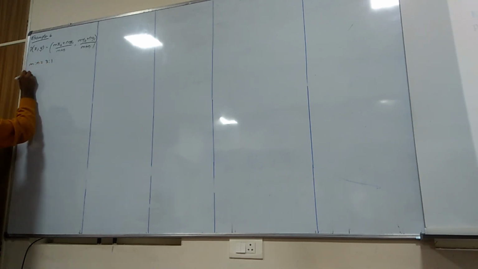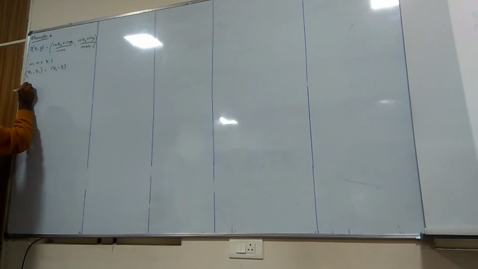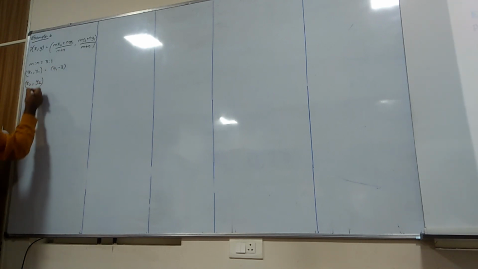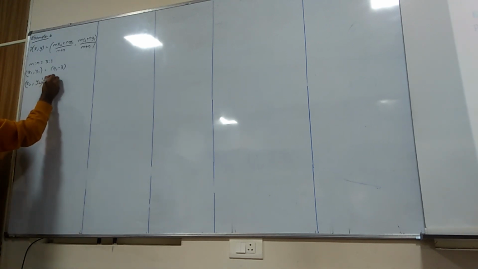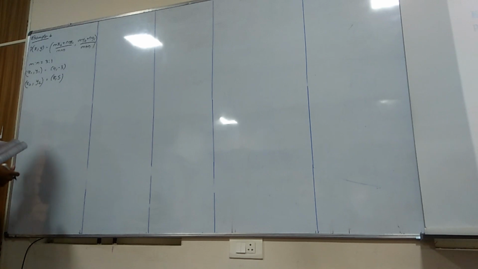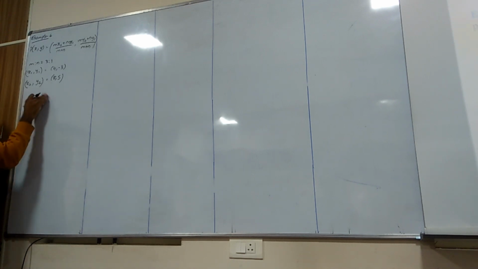What is x1, y1? 4, minus 3. What is x2, y2? 8, 5. You know the values, you know the formula, substitute and simplify. Write it.